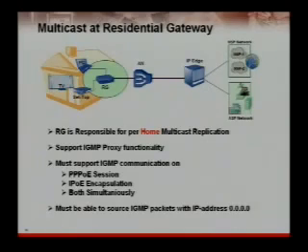So the residential gateway only joins a stream once, and if two set-top boxes watch the same channel, it will be replicated from the residential gateway. So basically, the IP edge will replicate per access node, the access node will replicate per residential gateway, and then the residential gateway will replicate per set-top box inside the household. Right, so that's kind of the setup of the TR 101 multicast delivery.